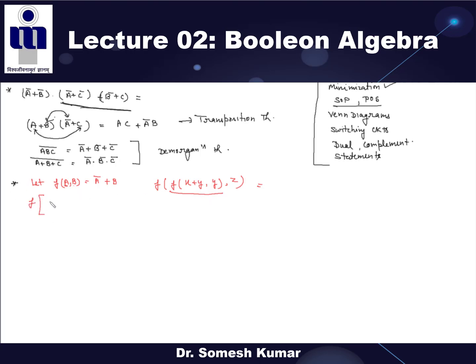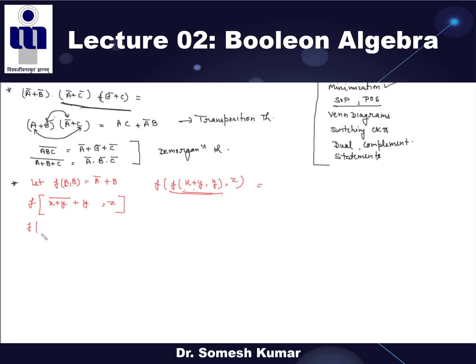Now this is (x plus y) whole bar, and then plus y, and then comma z. Clear? First we solve only this first function. Now what is (x plus y) bar?